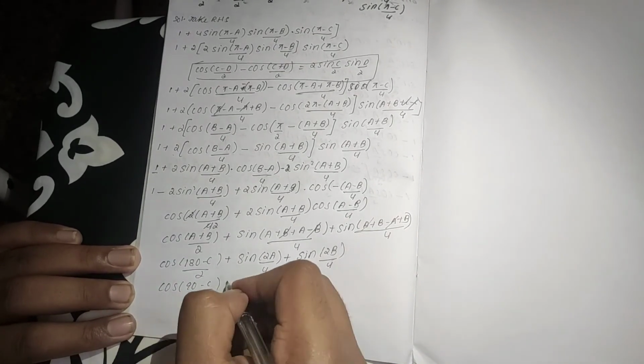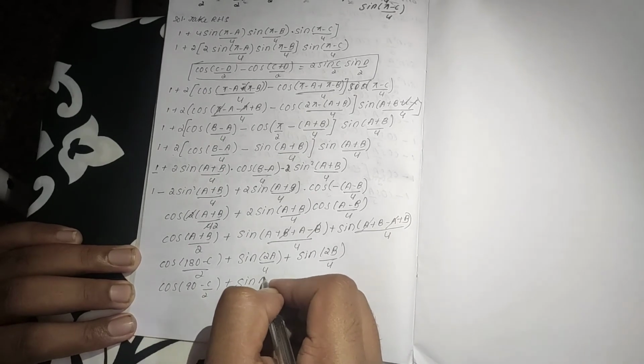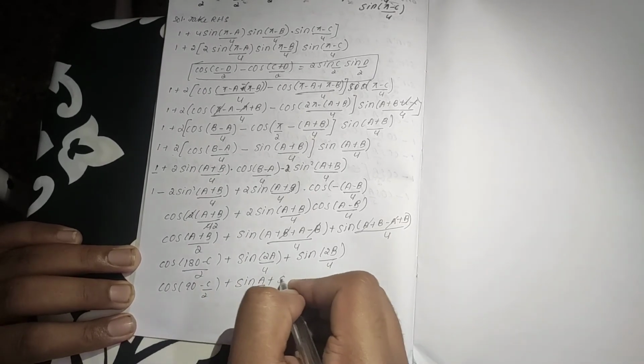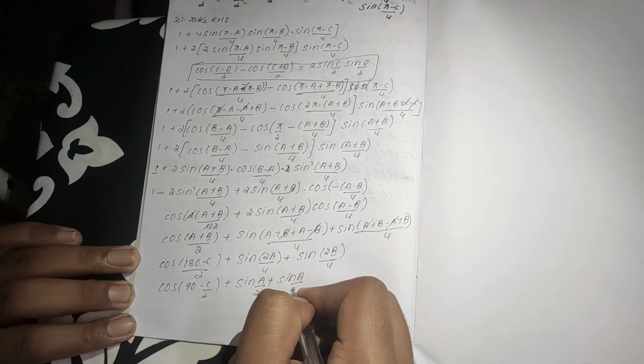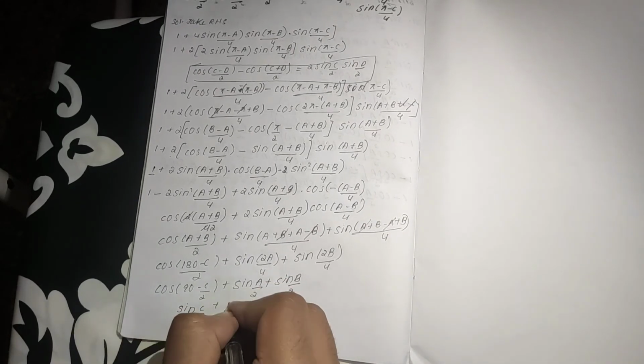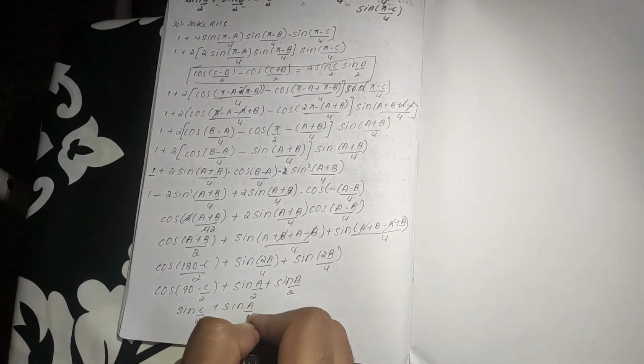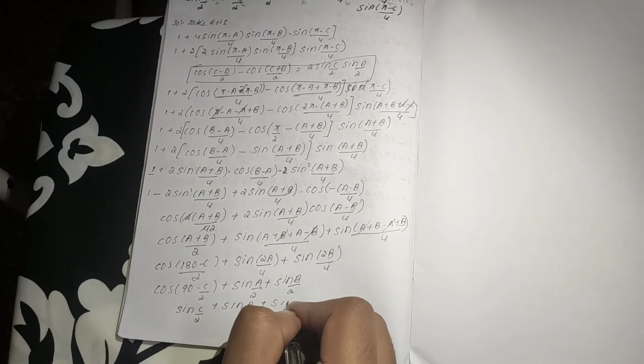Cos of (90 minus C by 2) plus sin A by 2 plus sin B by 2. Cos of 90 minus theta is sin theta, which is sin C by 2 plus sin A by 2 plus sin B by 2. Thus proved.